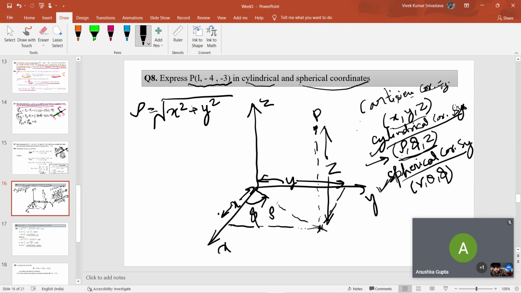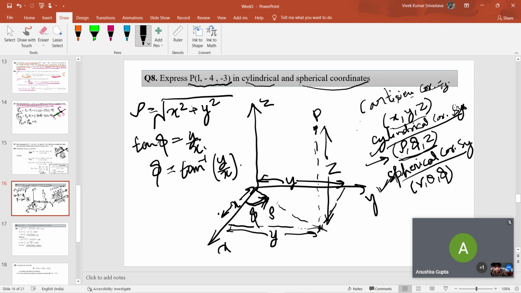Whereas for finding out the value of phi, which is the angle here, if this is y and this is x, then you can say that tan of phi represents y by x. So phi you can find out as tan inverse y by x, and z remains the same as the z of the Cartesian coordinate system.